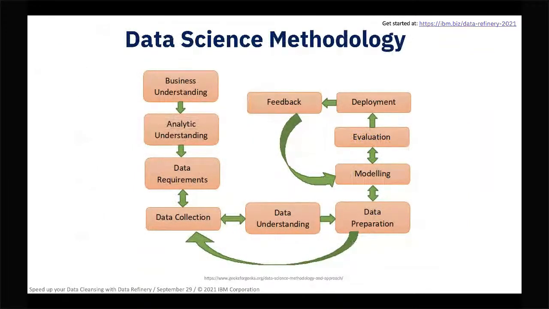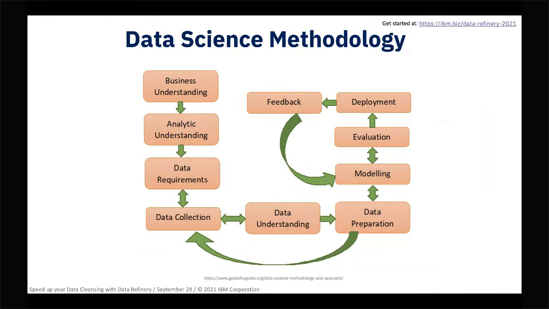So these were the five main steps in the data science methodology, and the diagram that you're currently showing on your screen basically summarizes that. The data science methodology starts off with understanding the business problem. We need to have a good understanding of what the problem is that we are trying to solve.